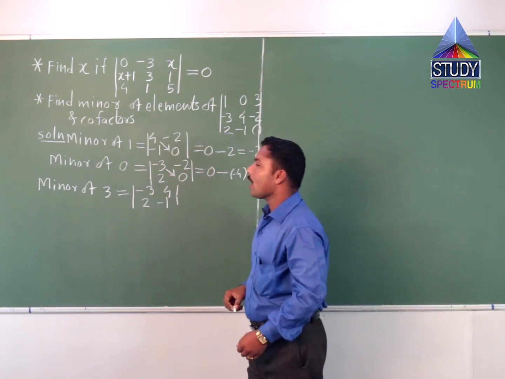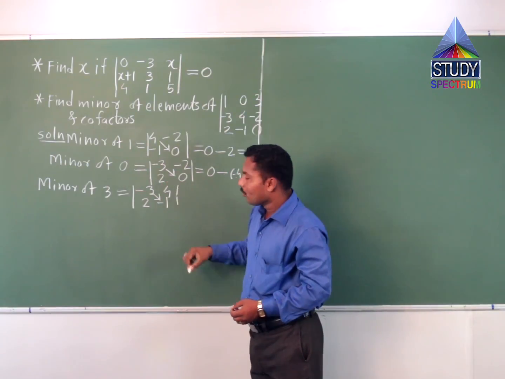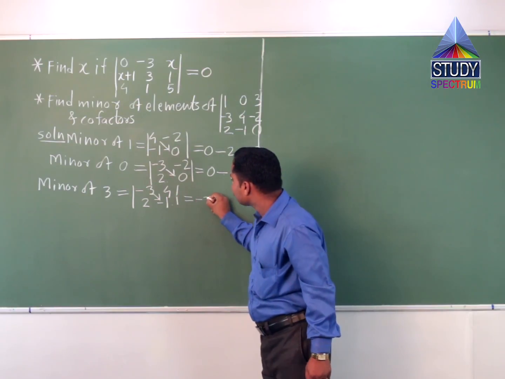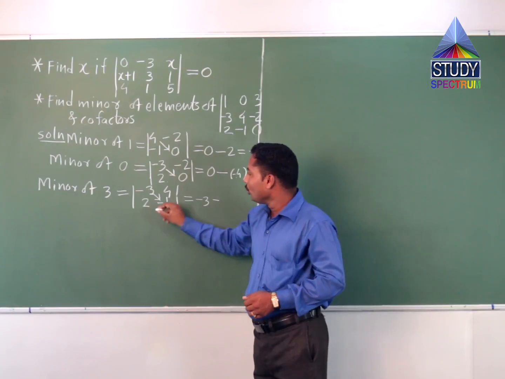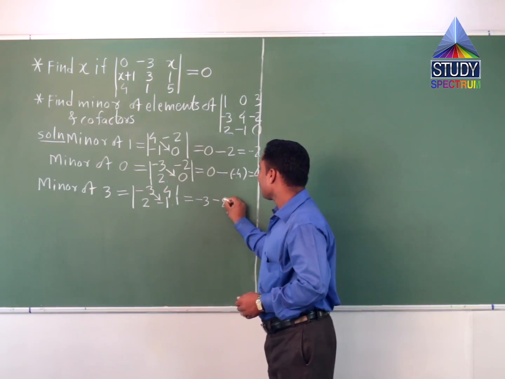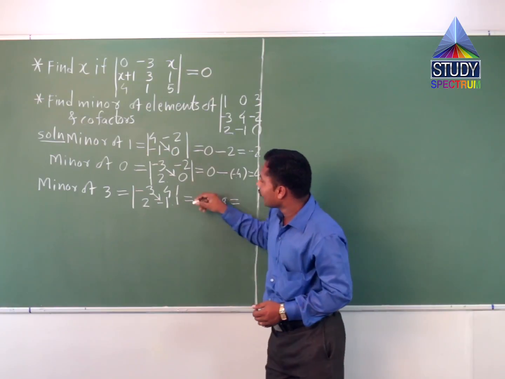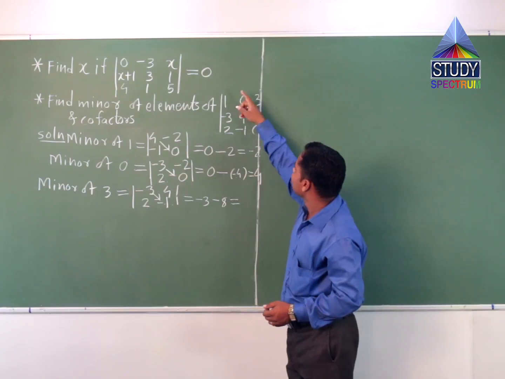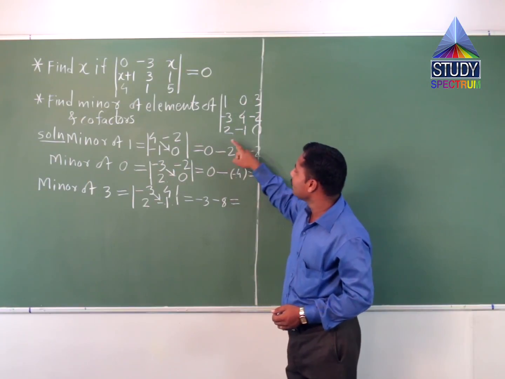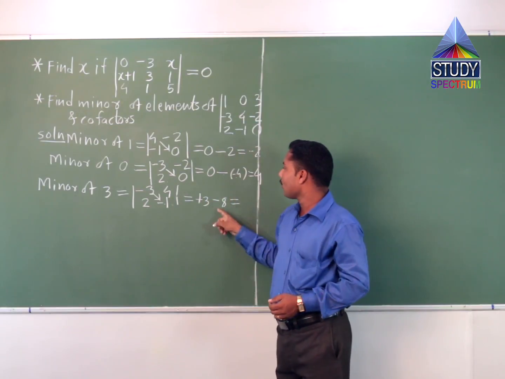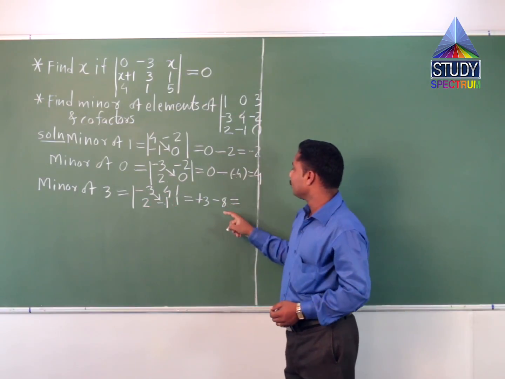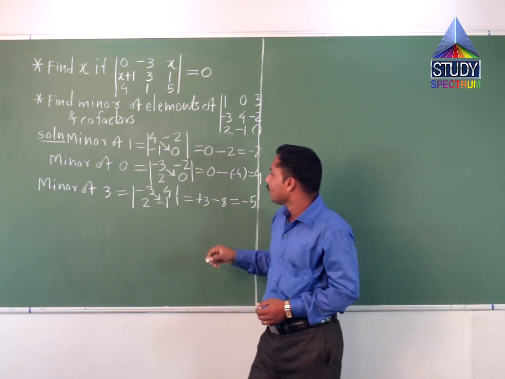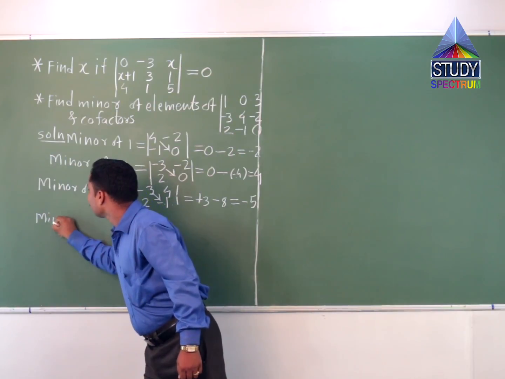Multiply: minus 3 into minus 1, plus 3, and minus 4 into 2, minus 8, so 3 minus 8, minus 5.